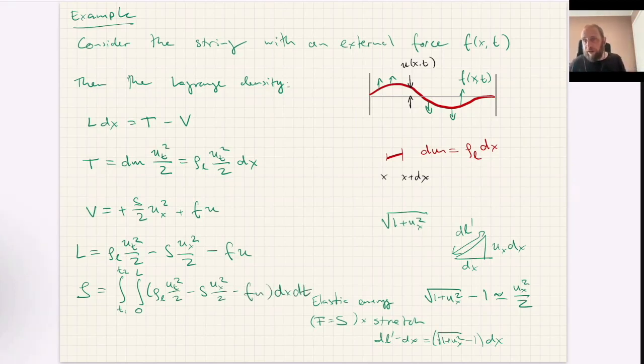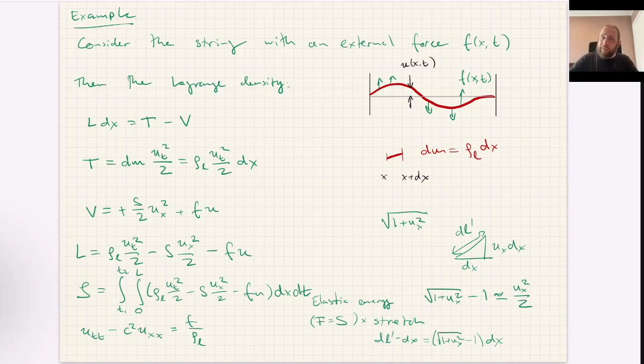And then in order to find the equations of motion for the string, you apply the variational calculus to this. You'll end up with an equation of motion which looks essentially like this: utt minus c squared uxx equal to F divided by rho L. So this is essentially the sourced wave equation, right? And c squared here is the tension divided by the density.